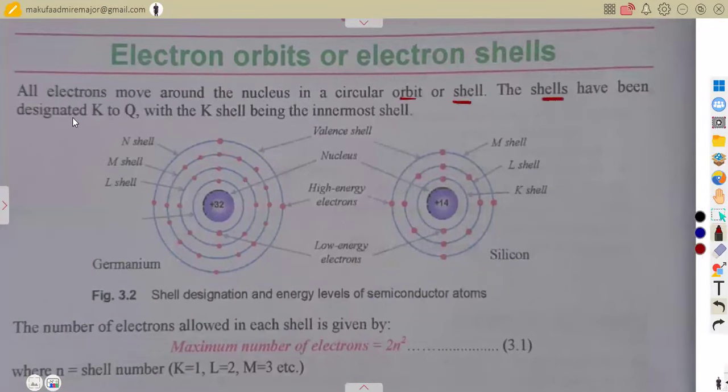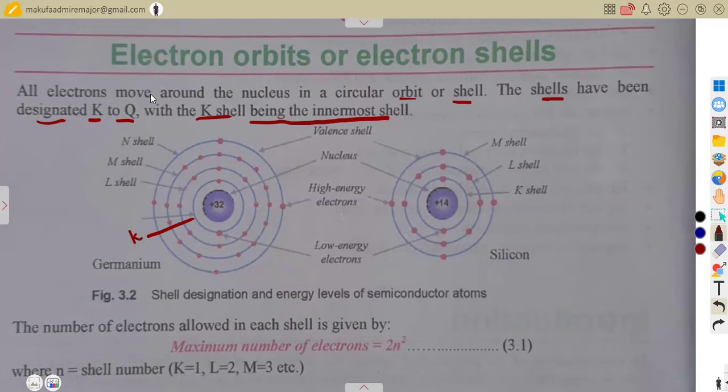The shells have been designated K to Q, with the K shell being the innermost shell. So in the innermost part we have K, then L, M, N, O, P, to Q.